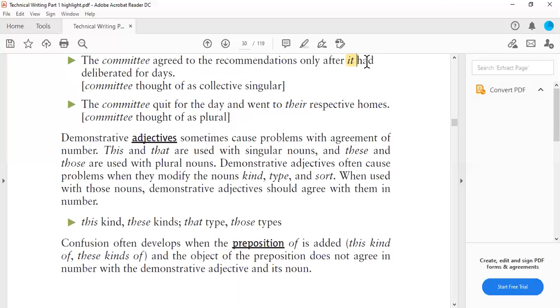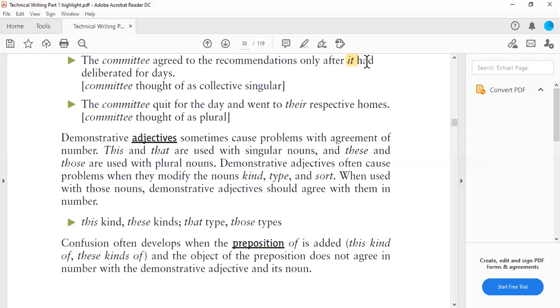But in the second example, the committee quit for the day and went to their respective homes. Here we deal with the committee as different members, because everyone goes to a different home. So we deal with it as a plural, and that's why we use "their" instead of "its", because we cannot say the committee went to its respective homes. You have to use "their" here.